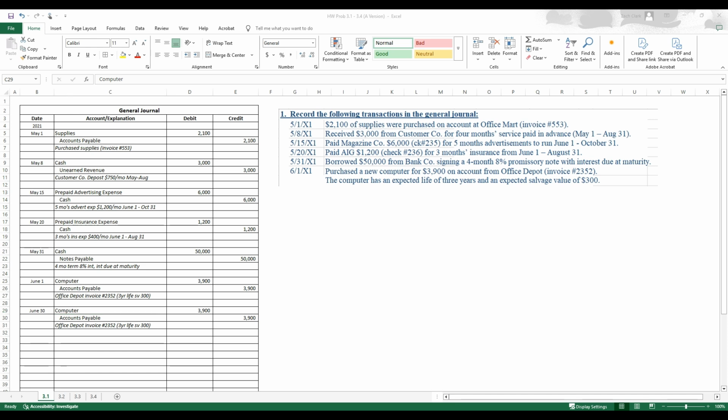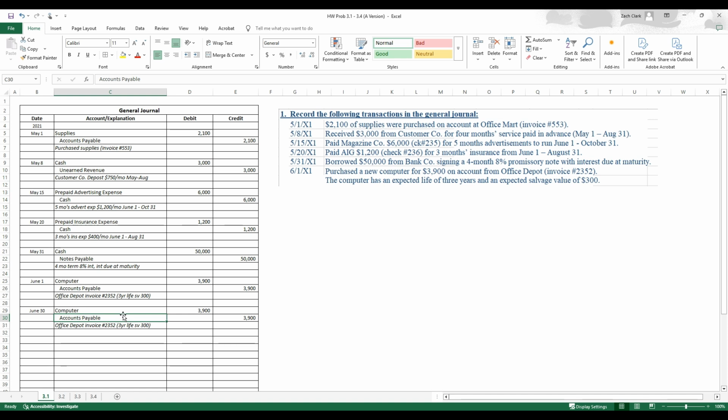The first adjusting entry then that we are going to want to make is based on our office supplies. And it says in our problem that at June 30th, $200 of office supplies remain. And we originally bought $2,100 on May 1st. So we only have, like we said, $200 left.